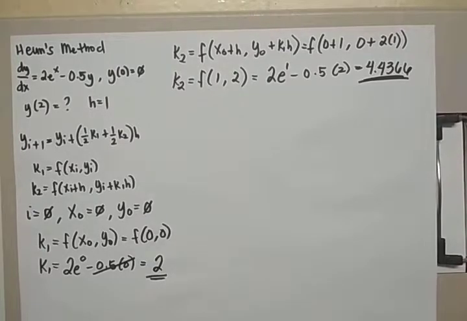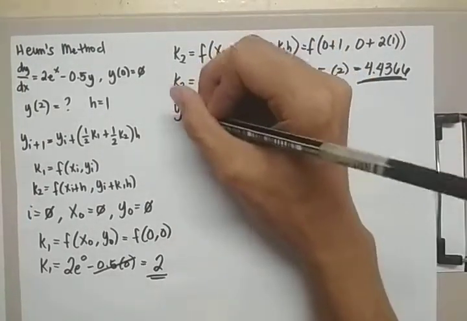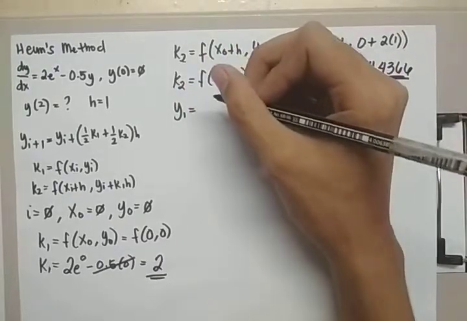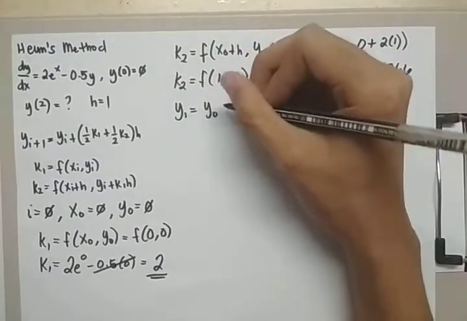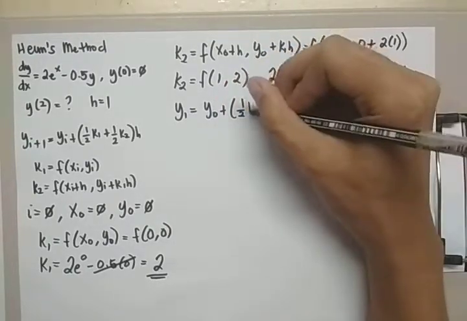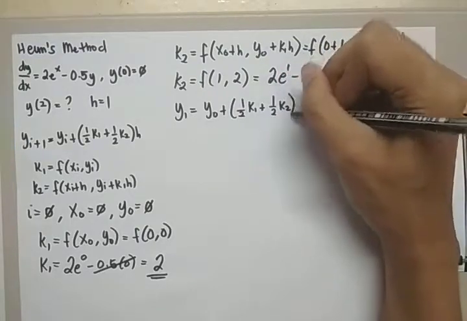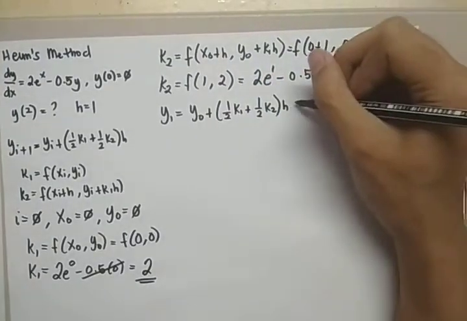Since we have our values for k sub 1 and k sub 2, we can now get the value for y sub 1. Our y sub 1 is equal to y sub 0 plus 1/2 k sub 1 plus 1/2 k sub 2 multiplied by h.